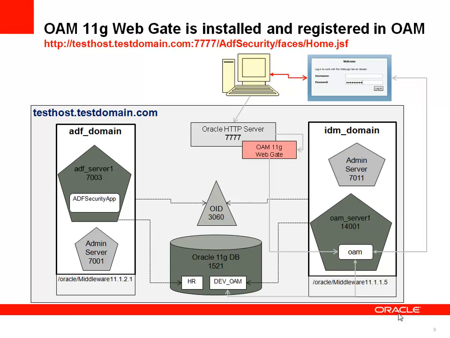Let's imagine that the user has provided his credentials and they have been successfully verified using the identity store configured in the OAM. After that, the session will be created inside the OAM in the Coherence cache, and also an OAM cookie will be created inside the browser, and this cookie corresponds to the OAM server session.